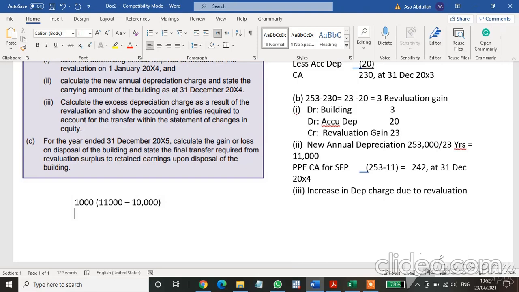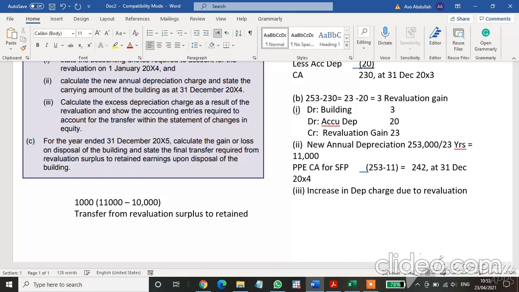Then we can say we are transferring from revaluation surplus, because it is increasing, to retained earnings, because we are gaining more money.